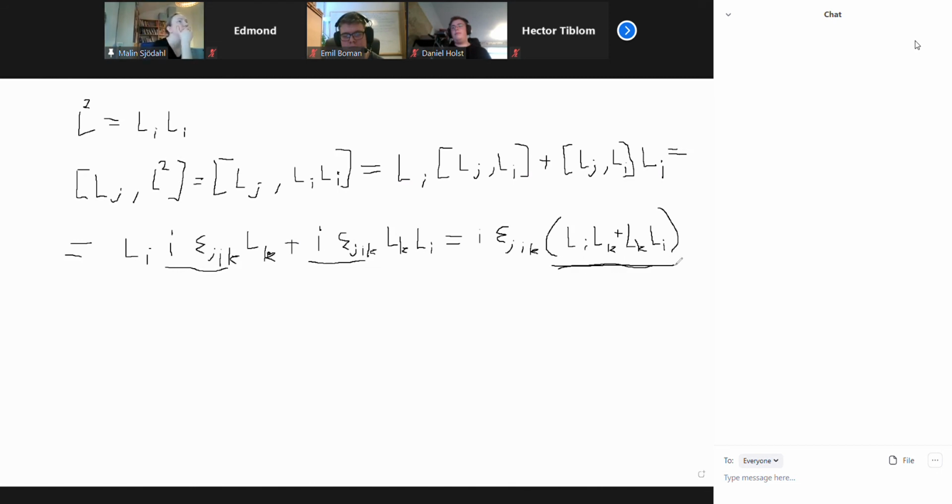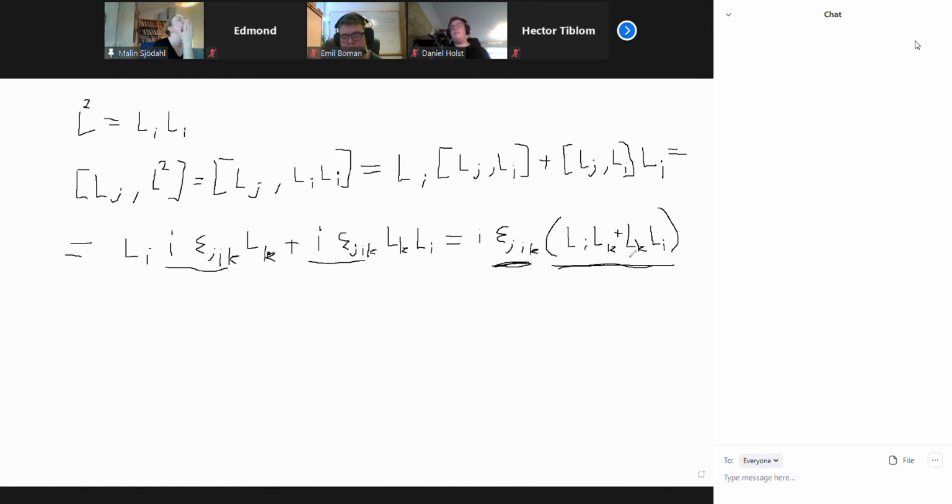and now we are more or less done because we see that this part is symmetric if we swap i and k, while this part is antisymmetric if we swap i and k, which means that for each term here with ik, we will get a minus sign where we take ki instead.